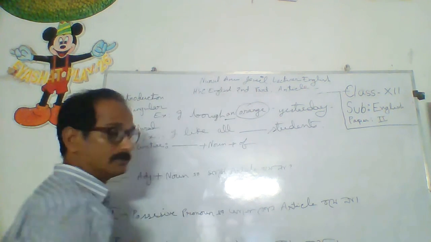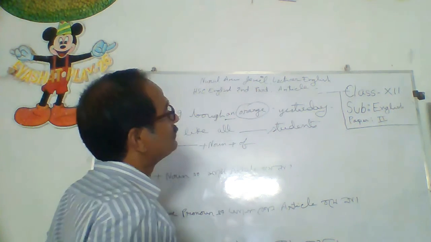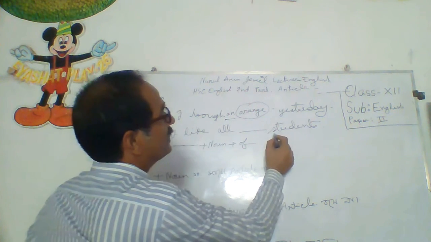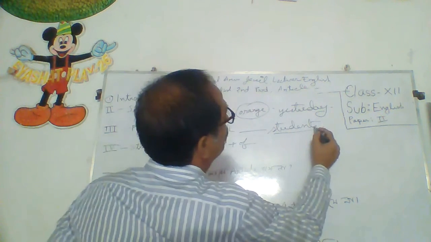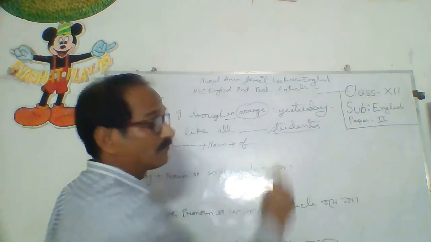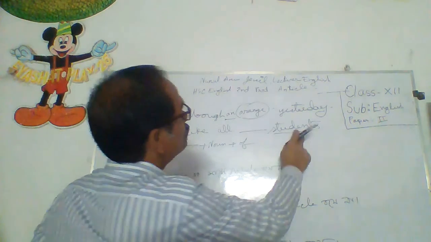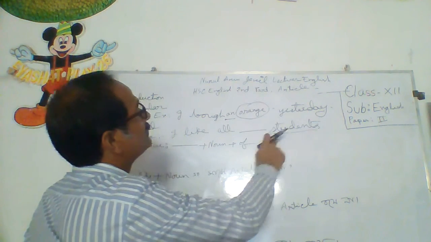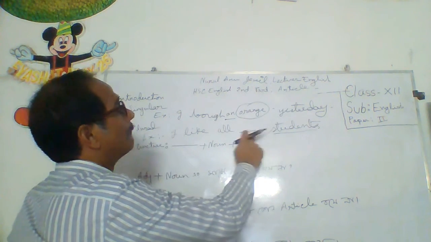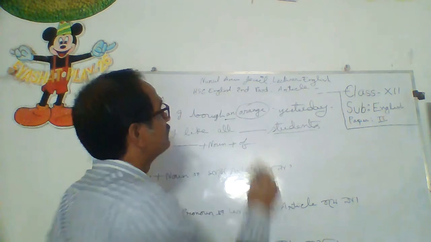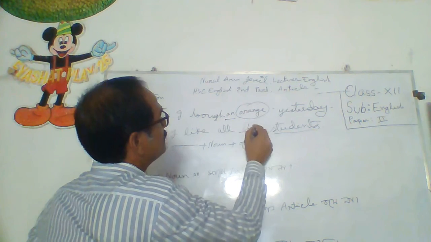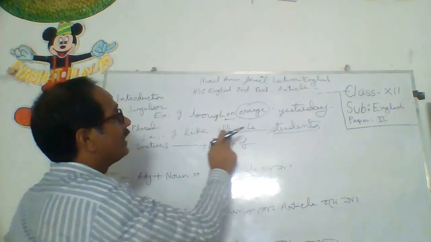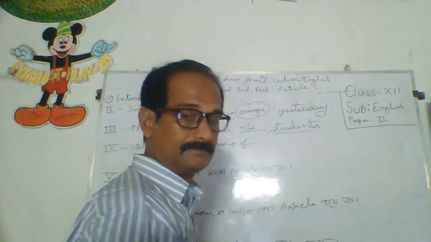Here we can see that for the noun student, we have used the plural, students. Then the article must be the definite article. That's why it is the. I like the students.